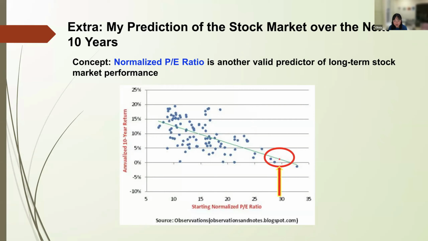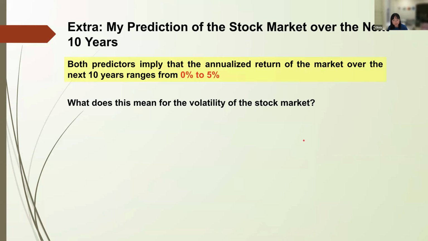So this corresponds to about a 2%-ish return for the stock market, so 0 to 3% annual return over the next 10 years. So both predictors imply that the annualized return of the market over the next 10 years ranges from 0 to 7%-ish. What do you think this means for the volatility of the stock market?